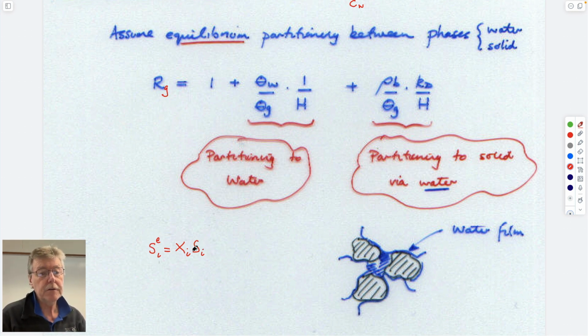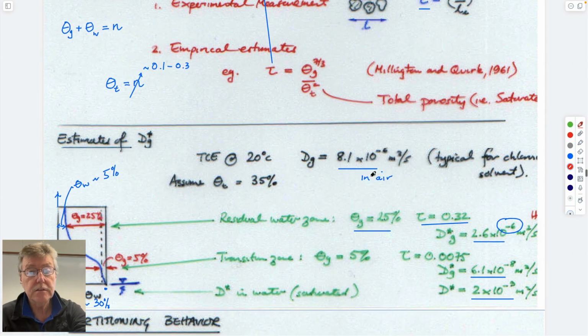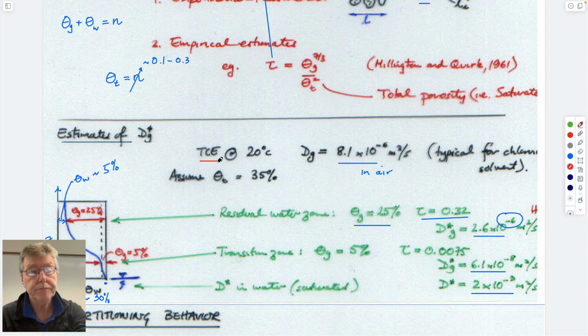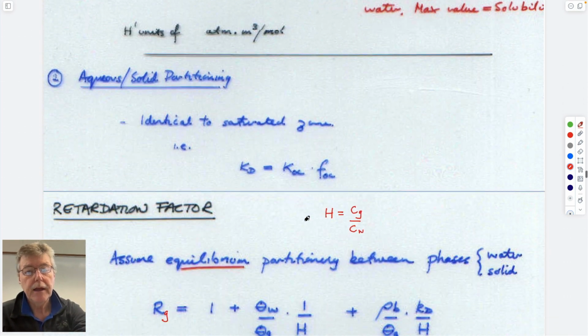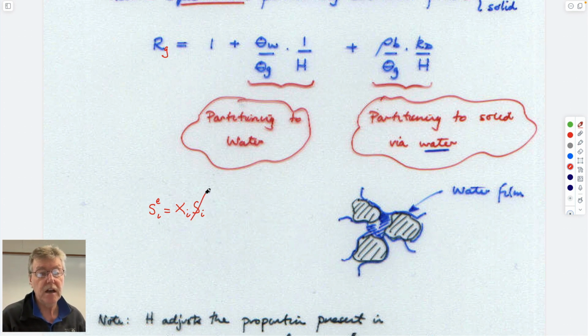So the solubility of the free phase with no other contaminant in water is given by some amount, something of the order of 10 to the minus 9 for TCE. If we know the mole fraction, we can calculate what this is. So this is what would sit in the water.